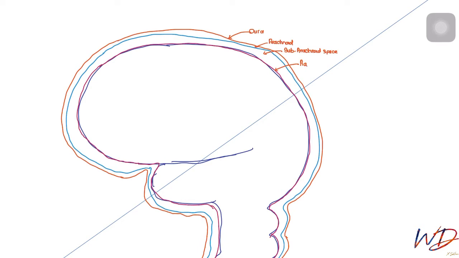Why? So the arachnoid matter and the pia matter, this region is called leptomeninges, because these are delicate structures.